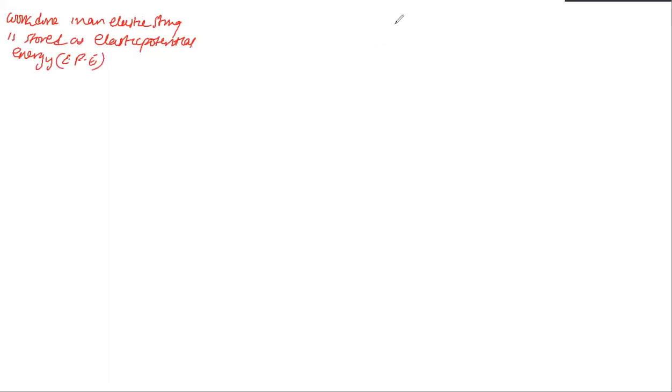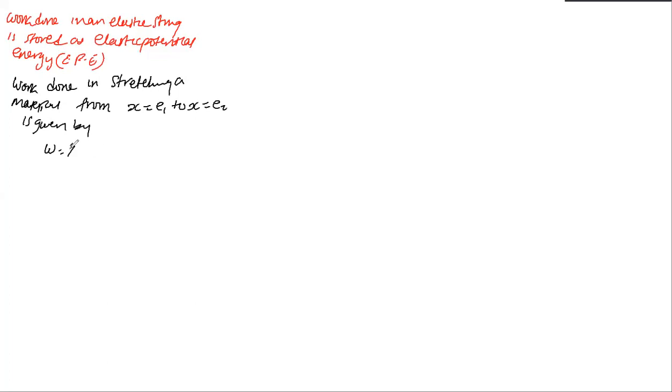So, work done in stretching a material from x is e1 to x is e2 is given by: work done shall be lambda over original length times e2 squared minus lambda over original length times e1 squared.